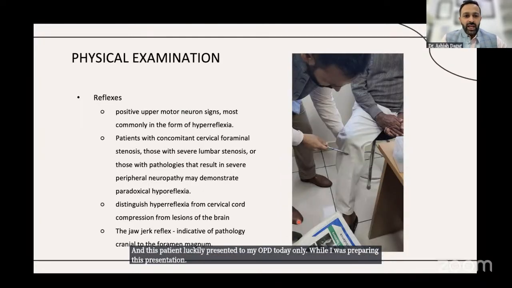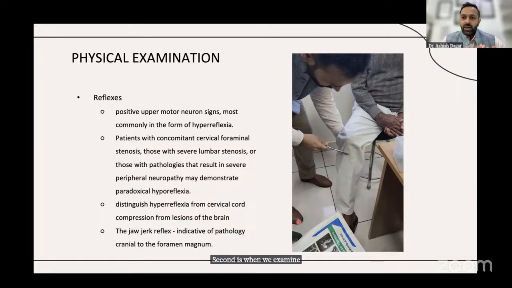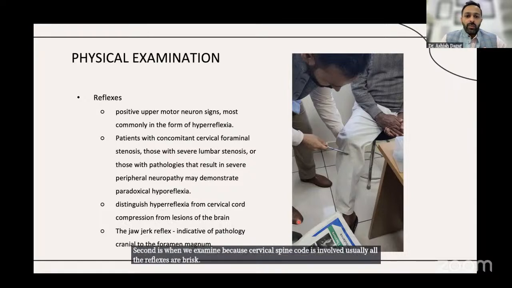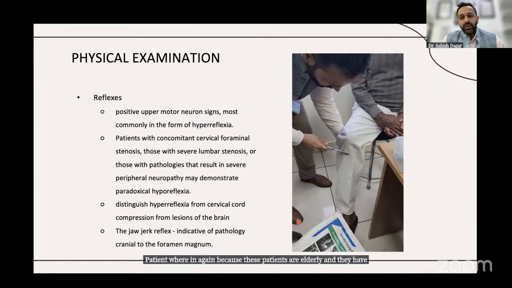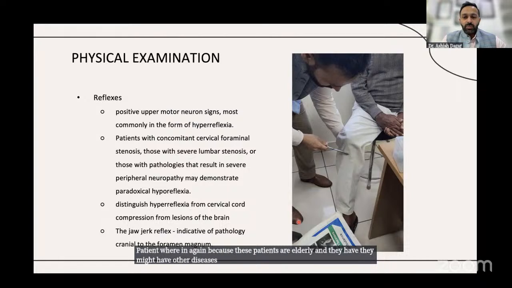Second, when we examine, because the cervical spinal cord is involved, usually all the reflexes are brisk. Again, because these patients are elderly, they might have other diseases also. Suppose a patient is having myelopathy with lumbar canal stenosis.